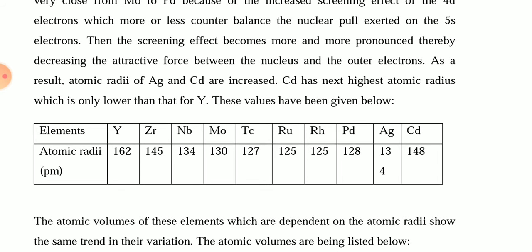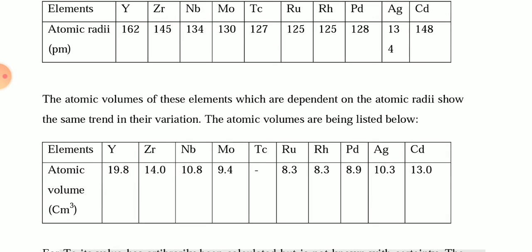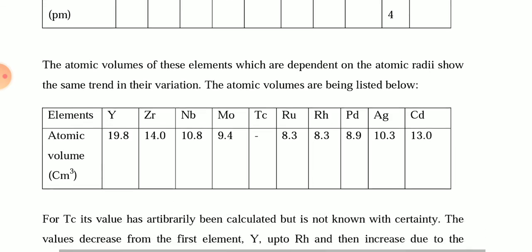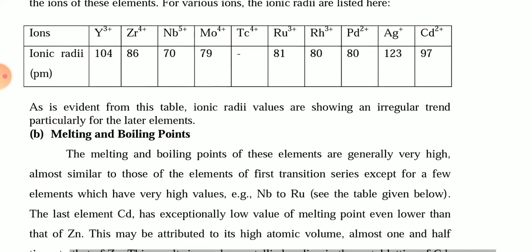So here you can see from yttrium to cadmium, first the ionic radii decrease, and for cadmium it further increases. It is due to the screening effect. So here you can see the atomic volume is also first reduced, then it is nearly constant, and then it starts increasing.